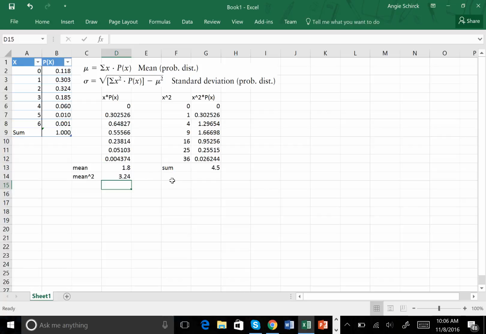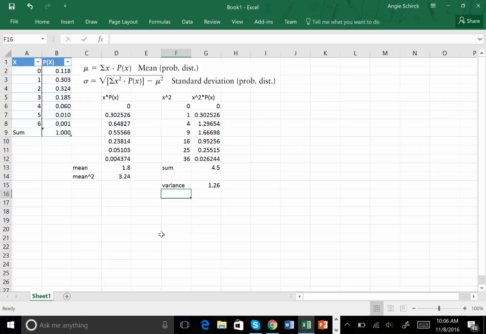All right, so now first I can find my variance, which is just the sum of x squared times p of x minus mu squared without the square root. So variance is just going to equal the sum of x squared times p of x, which is this, minus mu squared, which is this, and there's my variance.